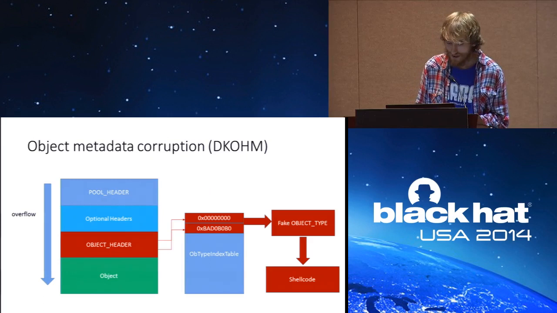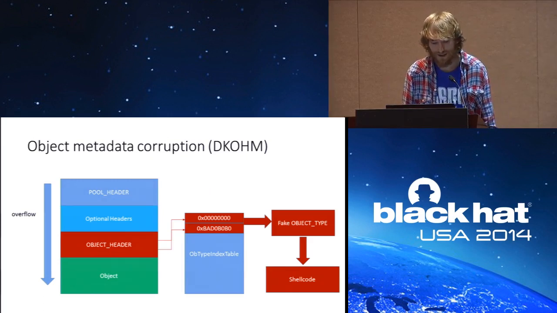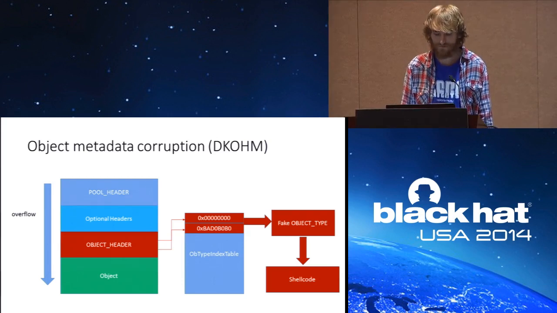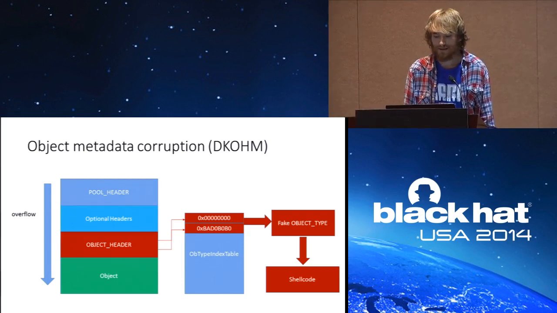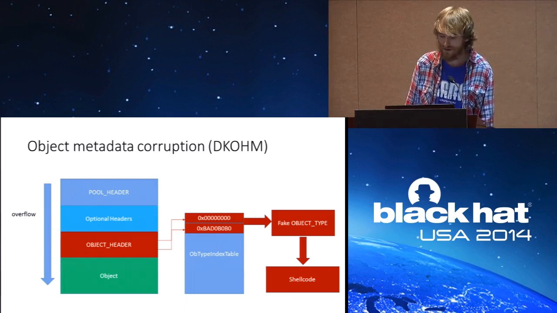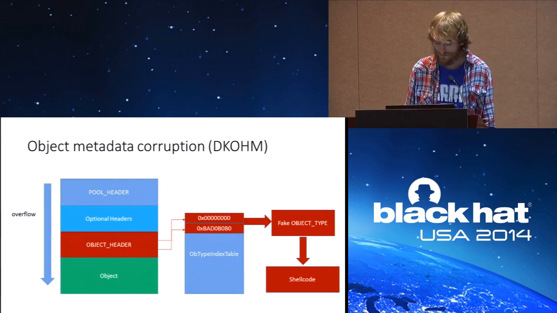So the thing is that before Windows 8.1, the attacker can simply smash the type index with a 0 or 1 value, allocate a fake object type at address 0 or 0xBAD0B0B0, and hijack the execution flow.